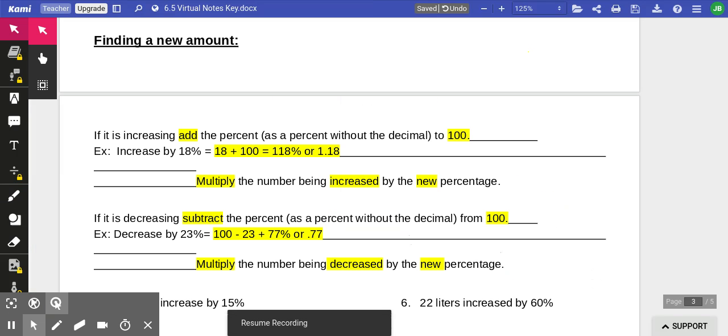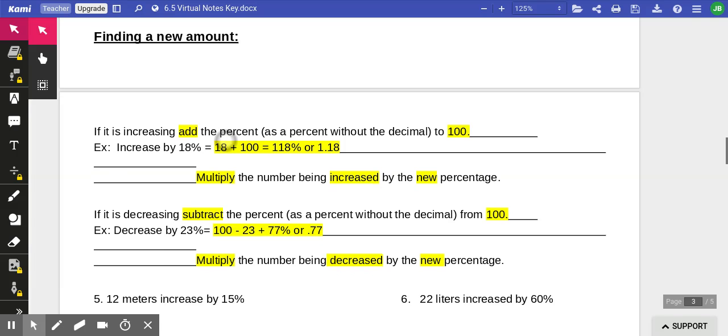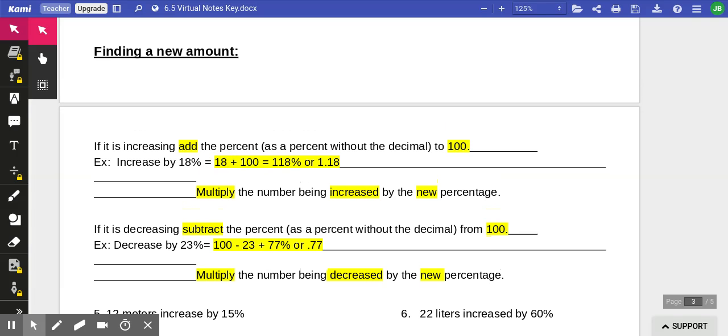All right, guys, we are back. We are going to try to find a new amount. If you are increasing, you are going to add the percent, without the percent sign and without the decimal, to 100. So if you are increasing something by 18%, you take that 18 and add it to 100.